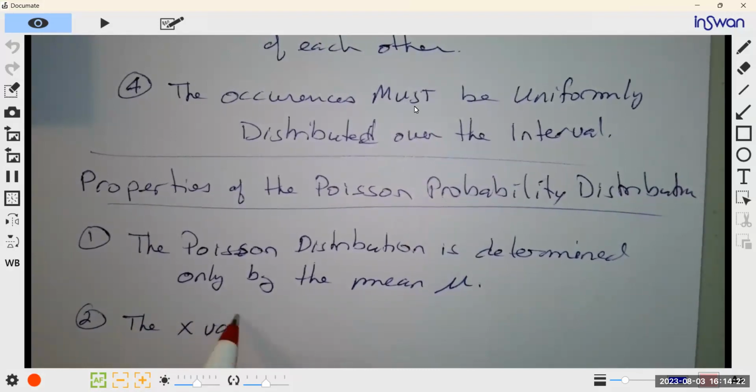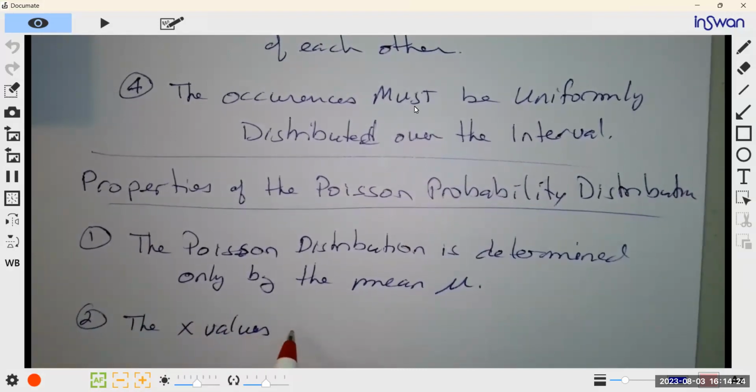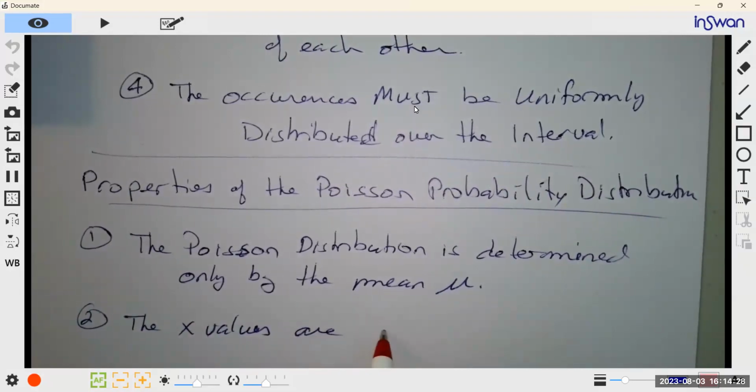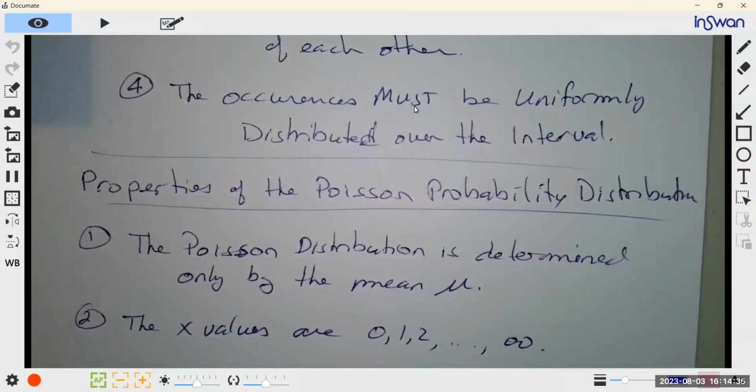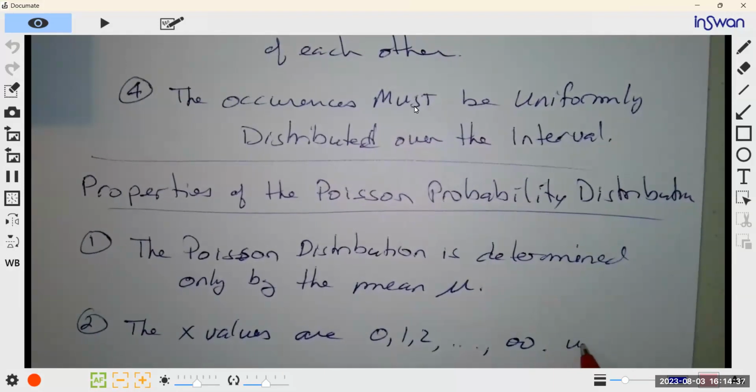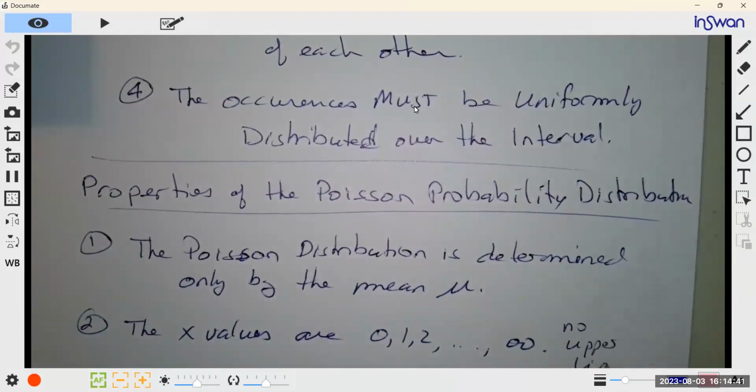Two, the x values are infinite, with no upper limit.